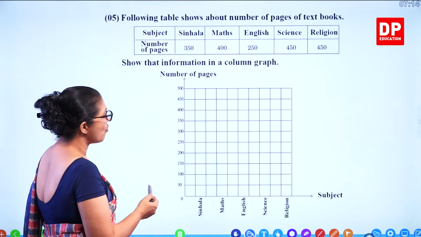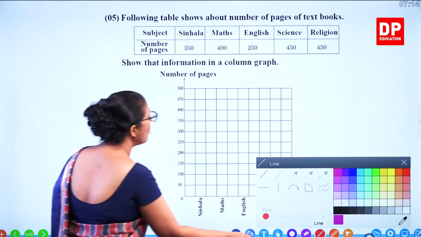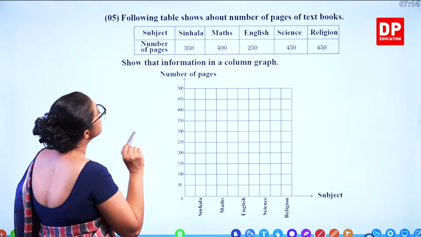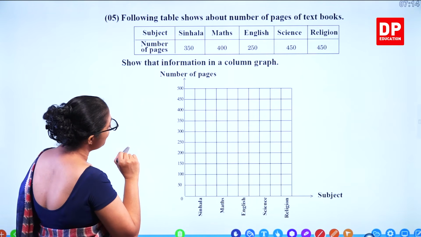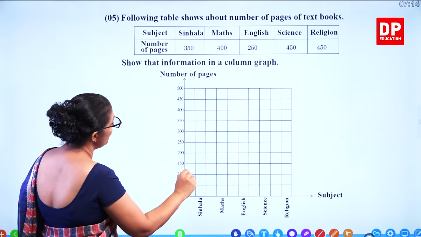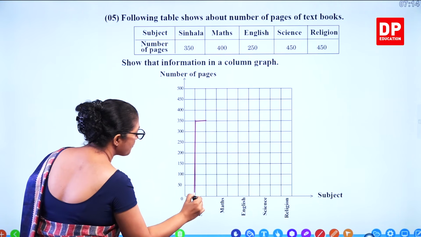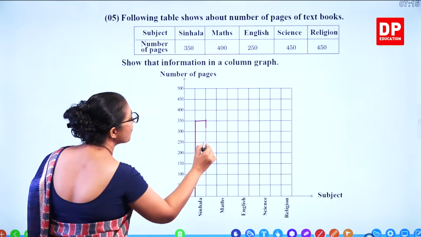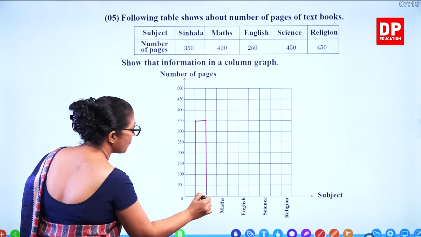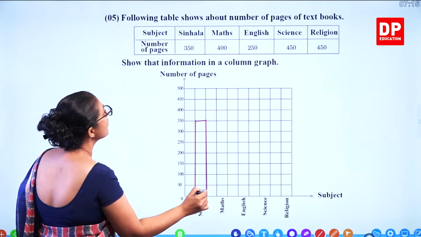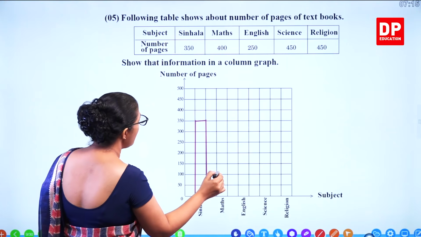So we can draw the column graph now. Sinhala 350. 350 is here. 400 Maths.